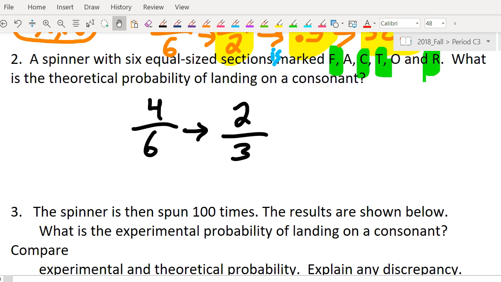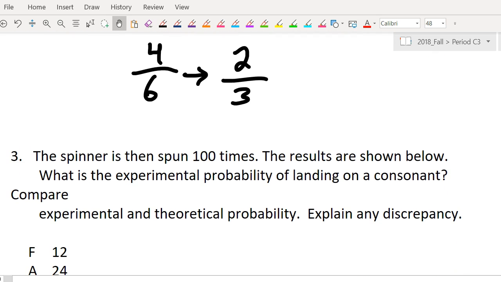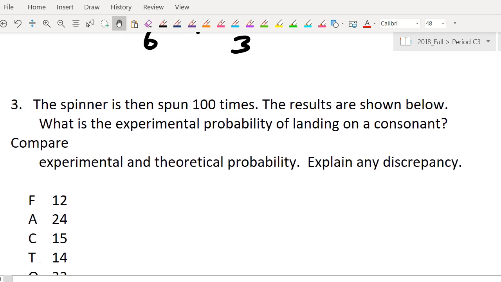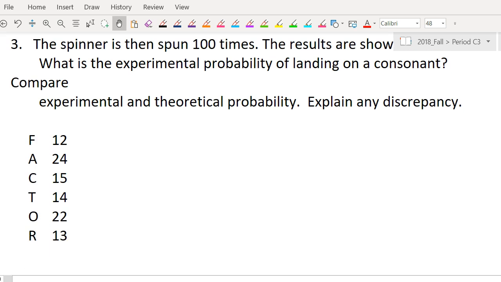Okay, a spinner is spun 100 times. The results are shown below. By the way, who got 100% so far? Not me. The same spinner is then spun 100 times.